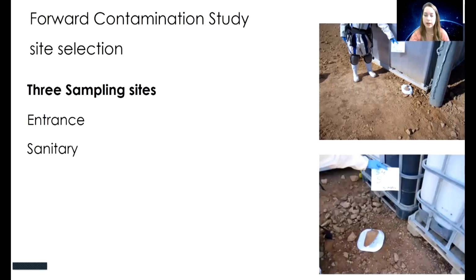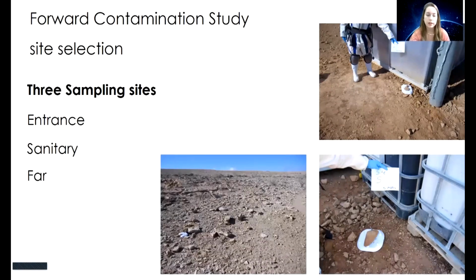The sanitary site was located at the back of the habitat, about 30 meters from the sanitary disposal tank. This site was also frequently visited, although less than the entrance. The far site was approximately 280 meters west of the habitat and was banned for entry except for sampling.